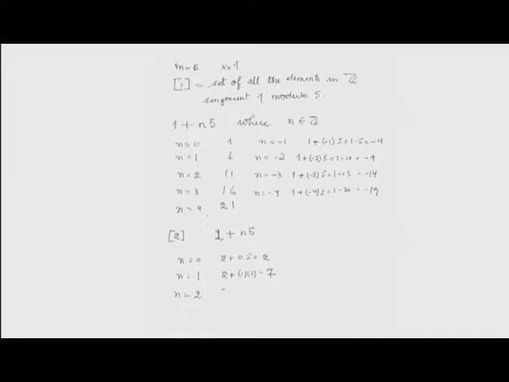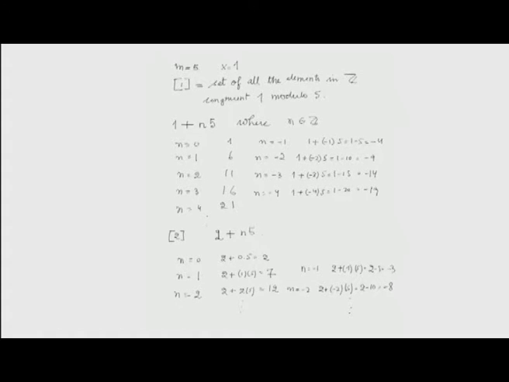When n equal to 2, 2 plus 2 into 5 gives me 12, and so on. When n equal to minus 1, I get 2 plus minus 1 times 5, which is 2 minus 5. So, it is minus 3. When n equal to minus 2, I get 2 plus minus 2 into 5, which is equal to 2 minus 10, which is minus 8.